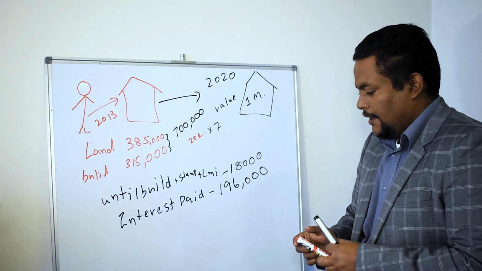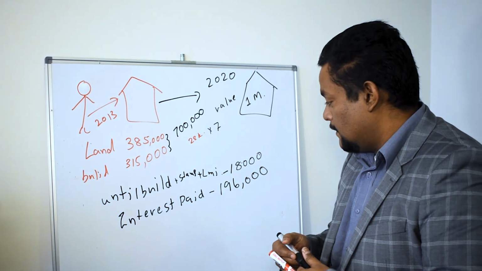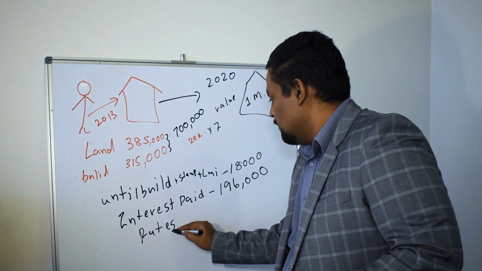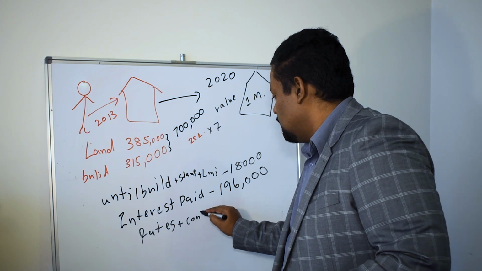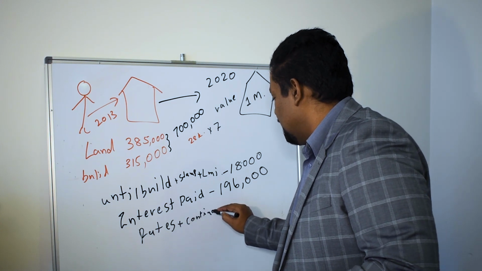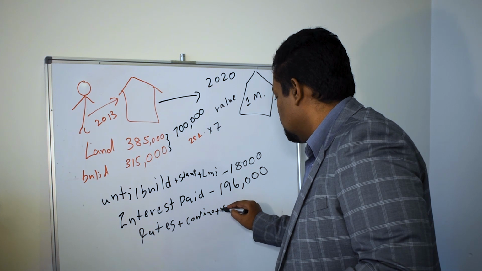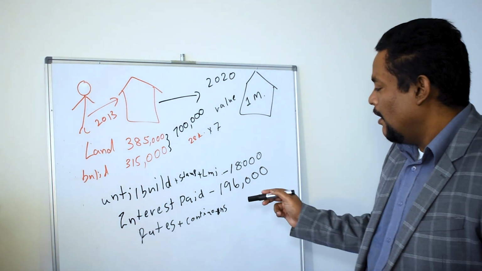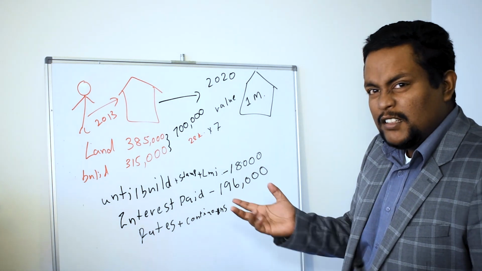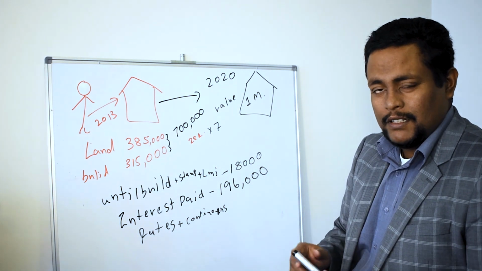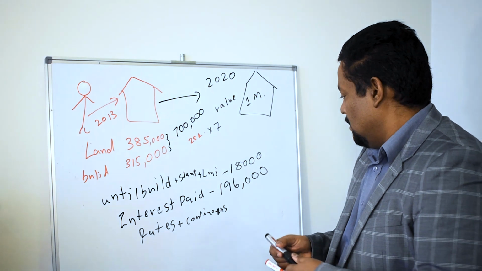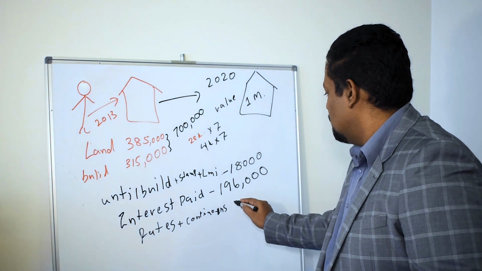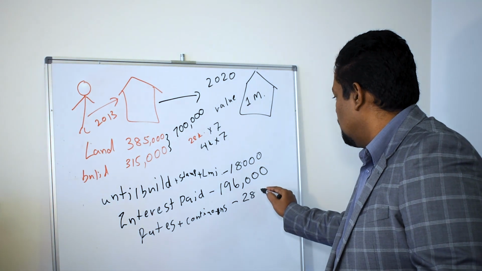Then you have council rates, connection charges and insurance. It is fair to say that all rounded up it will cost you 4,000 to 5,000 a year. So let's say 4,000, and 4,000 times 7 will cost you 28,000.